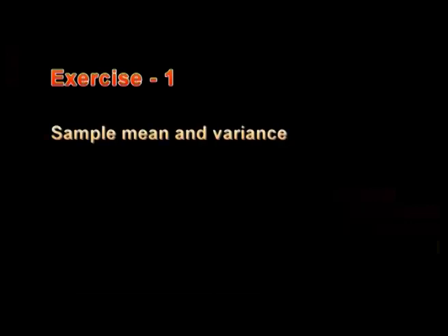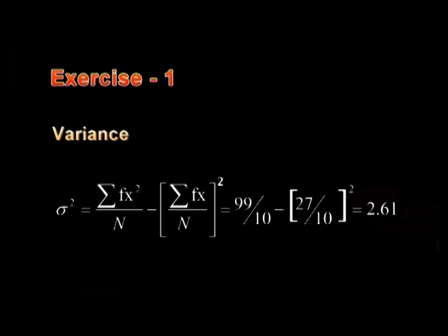From the sample observations, the sample mean is given by x bar equal to summation of f into x by n, which is 27 by 10, equal to 2.7, and variance is given by sigma square equal to summation of f into x square divided by n minus summation of f into x divided by n the whole square, which is equal to 99 by 10 minus 27 by 10 the whole square, again equal to 2.61.